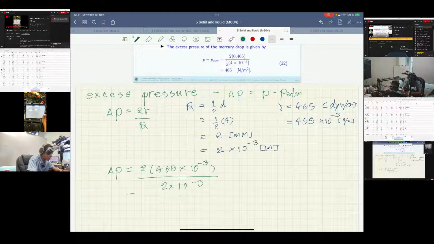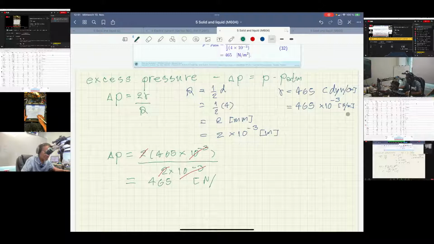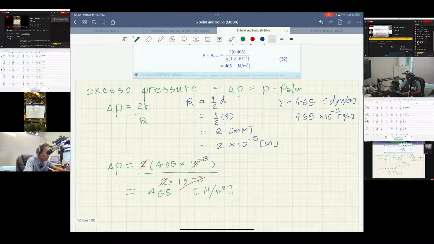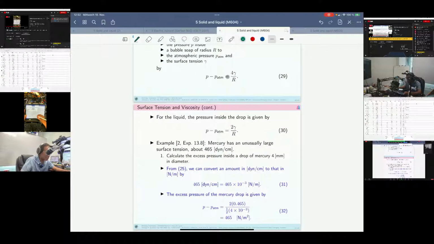And yeah, you can see that 2 and 2 can cancel, and also this pair of 10 raised to negative 3, and it's equal to 465 Newton per... as you know, it's Newton per meter for gamma, right? But gamma is again divided by a distance in meter, right? So this one is going to be per square meter, right? So that's it for the basic formula in liquid drop, and pressure excess means the pressure difference.